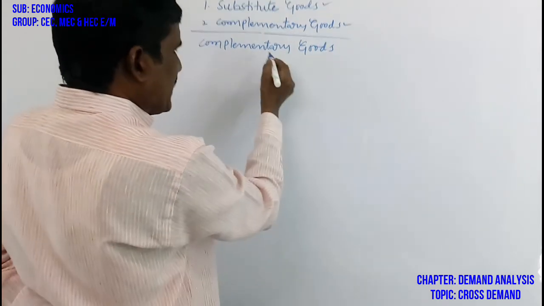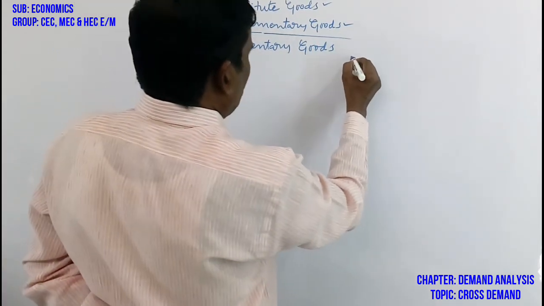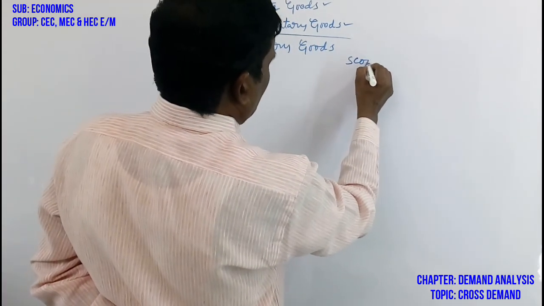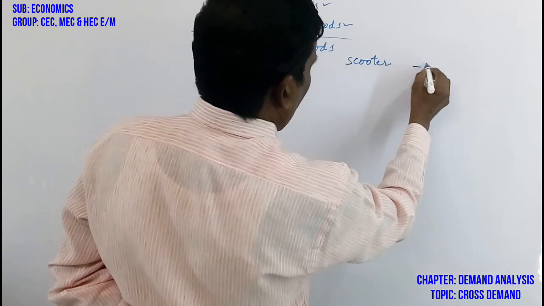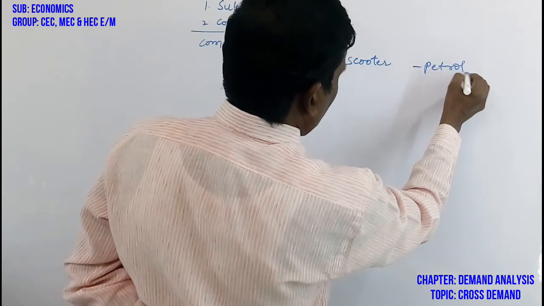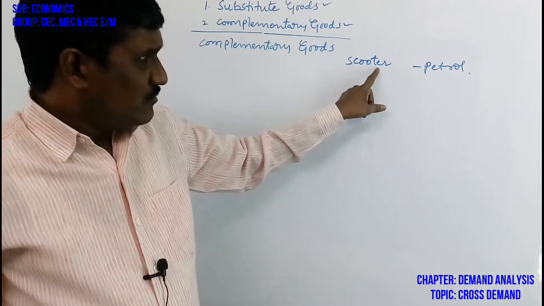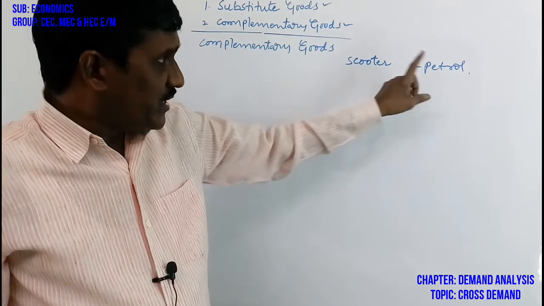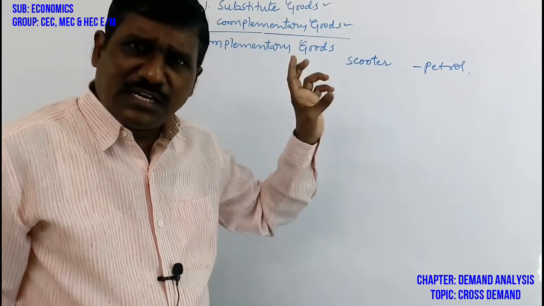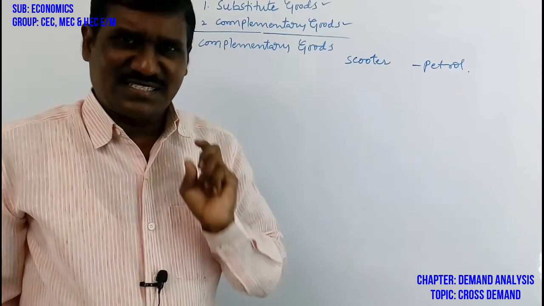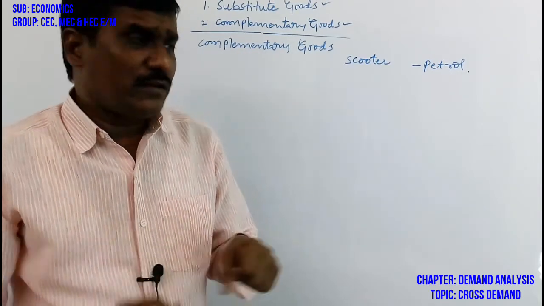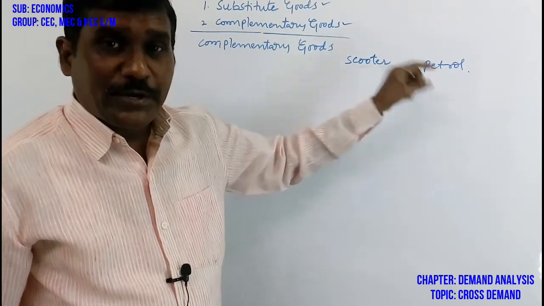For example, scooter and petrol. Without a scooter we can't ride. Without petrol we can't ride. So both scooter and petrol are required to satisfy our wants. Satisfy means to ride any bike, you need scooter and petrol.